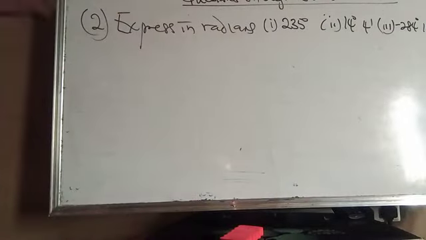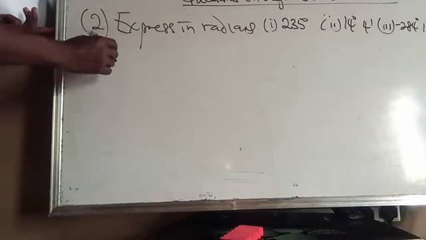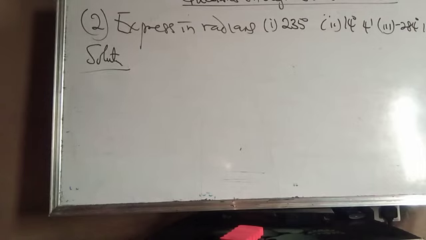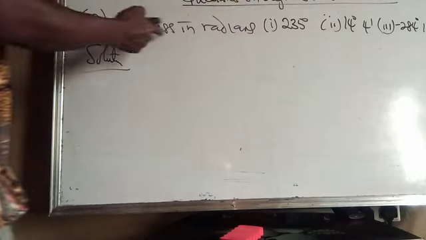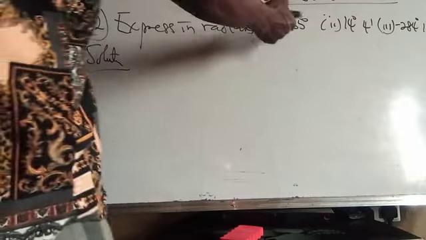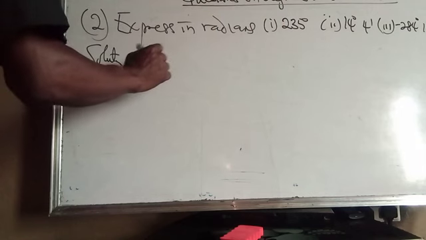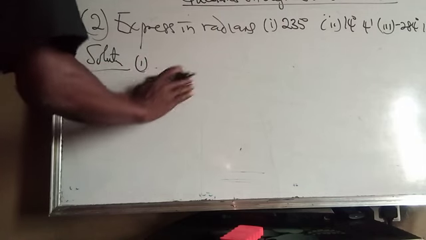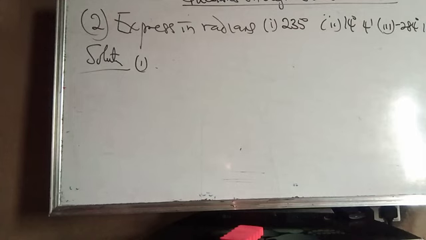Now, here we are converting from degrees to radians because we have to express in radians. This is the opposite of what we have just done. So we are moving from degrees now. 235 degrees, don't forget, you are converting from degrees to radians. That will be pi over 180.